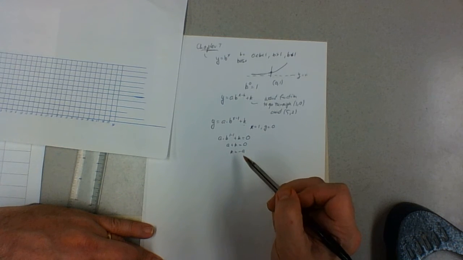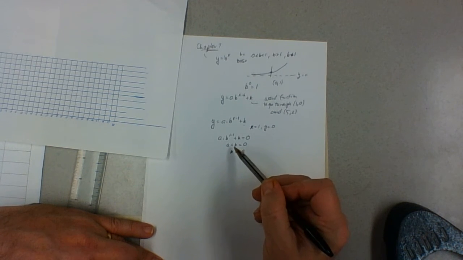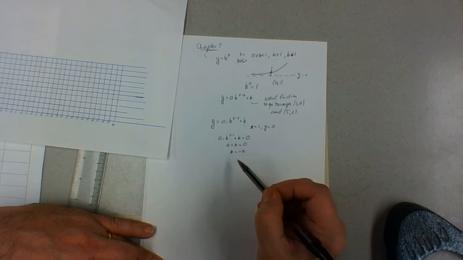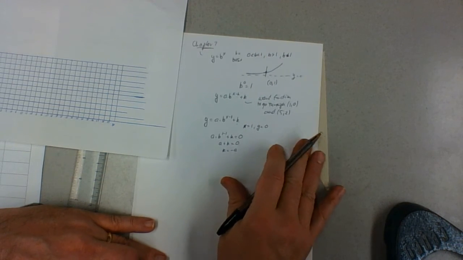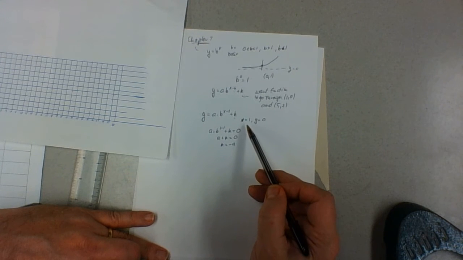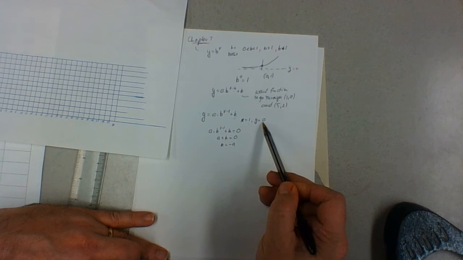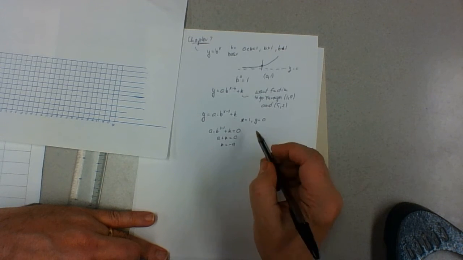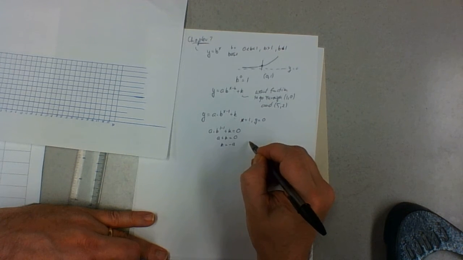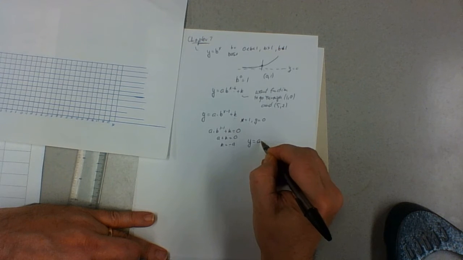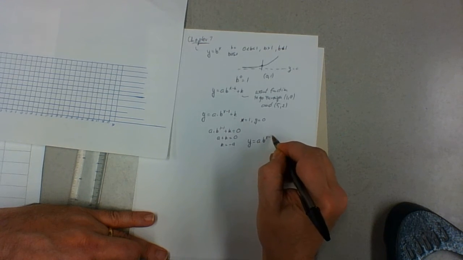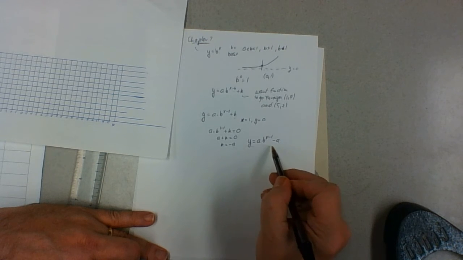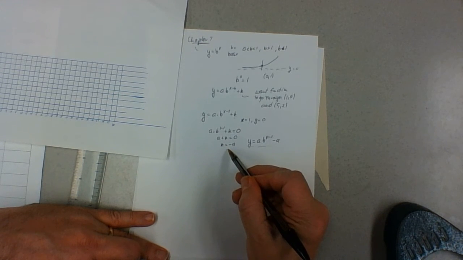I probably could approach it the other way by solving a in terms of k, but I think this might be a little bit easier. So I just found out by substituting in x is 1 and forcing the y coordinate to be equal to 0 that k must be equal to negative a, which means my function now is y equals a times b to the x minus 1 minus a, since k is equal to negative a.